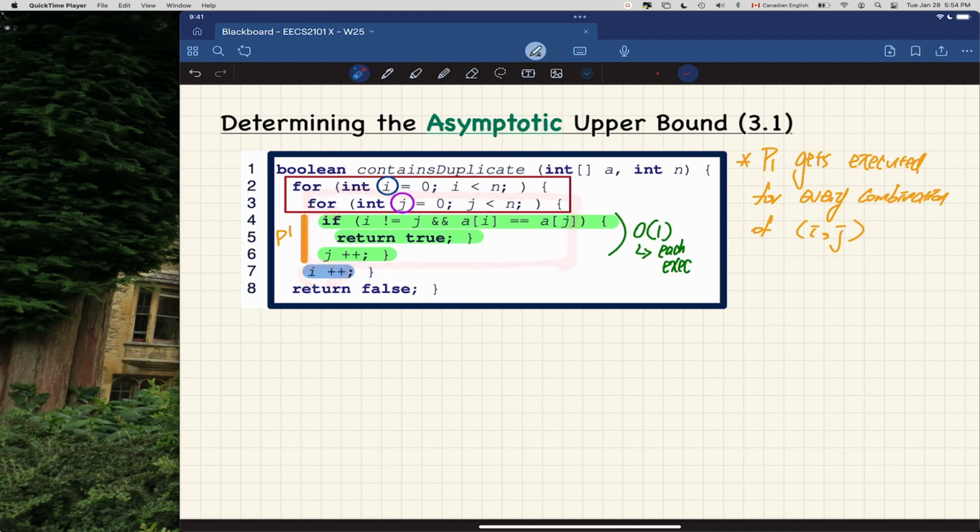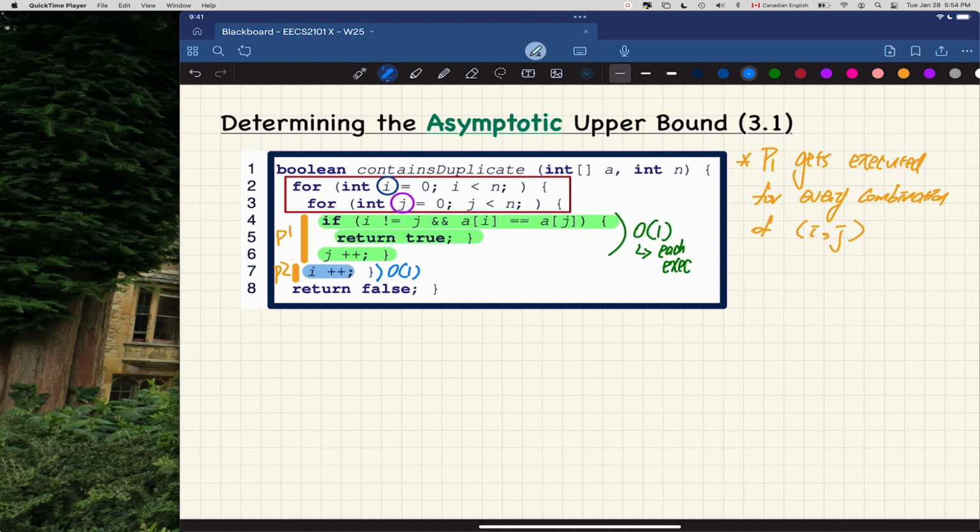So that means I++ will only be executed for every iteration of the outer loop. That's something you can double check, right? So I'm going to write here phase number 2. And that one there is also going to be big O of 1 for each execution, because it's only a primitive operation.